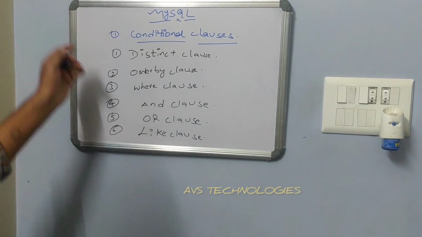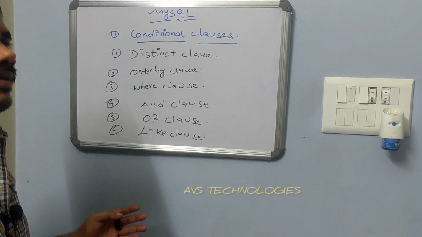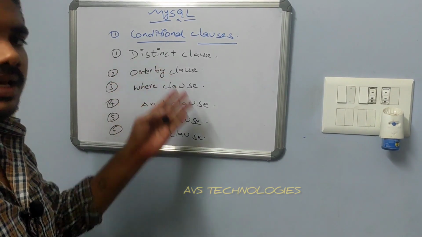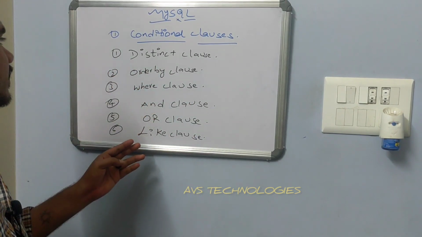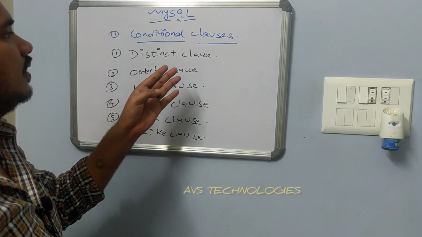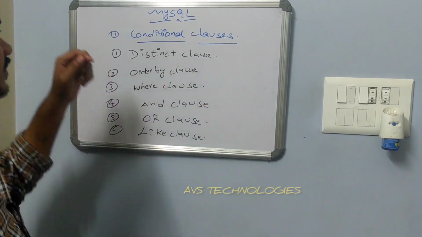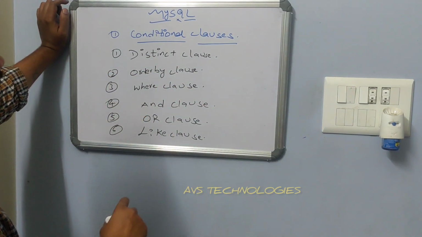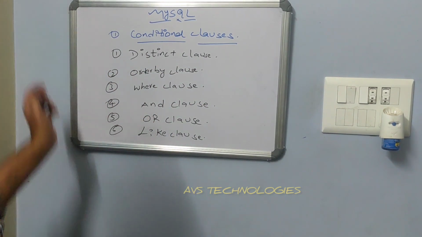So these are the six clauses considered in conditional clauses. We'll discuss them one by one now. First one is the distinct clause.